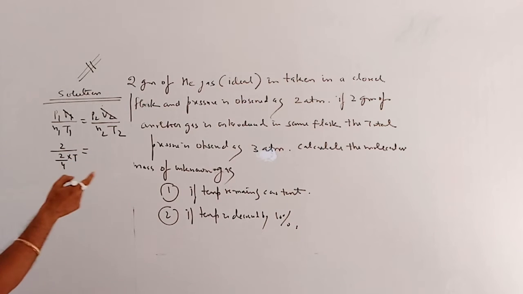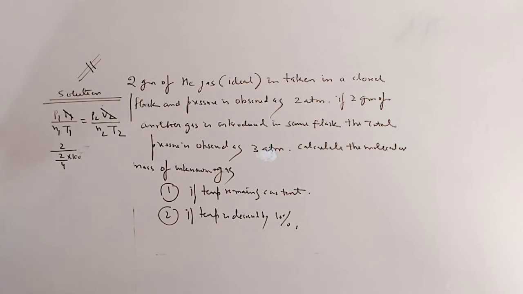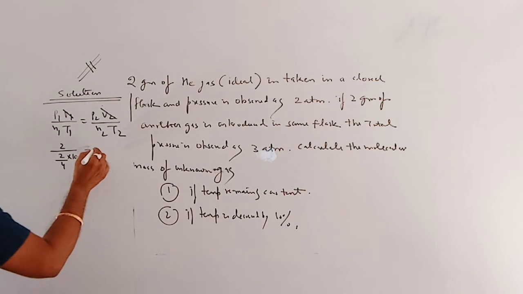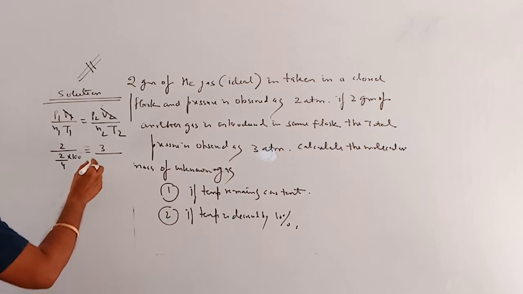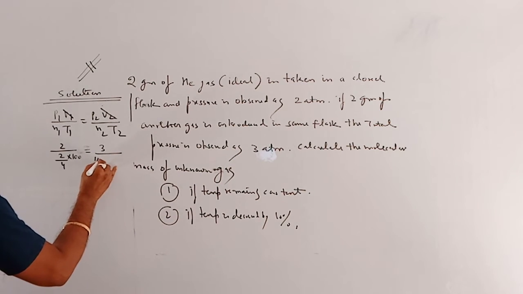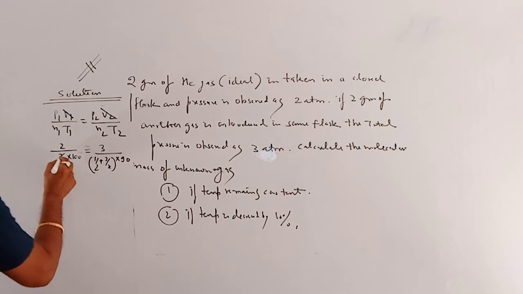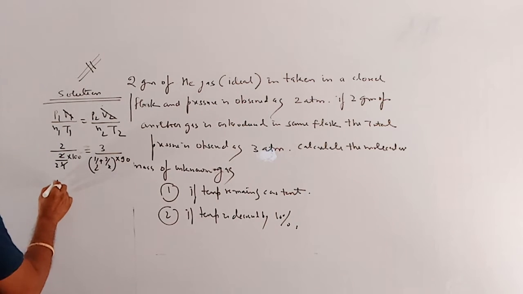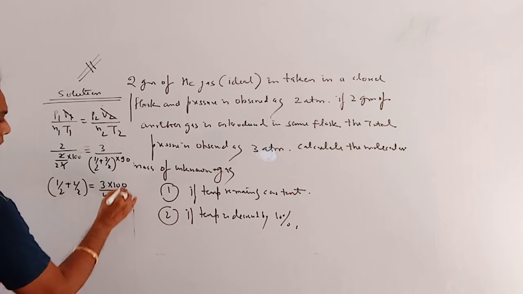Since the temperature is decreased by 10%, it is assumed as 100, the most appropriate figure, is equal to P2 assumed as 3, which is given in the question, 3 atmosphere, and similarly 1/2 plus 2/x, multiplied by the decreased temperature of 10%, so it will be 90. So 1/2 plus 2/x is equal to 3 into 100 divided by 4 into 90. Clear?